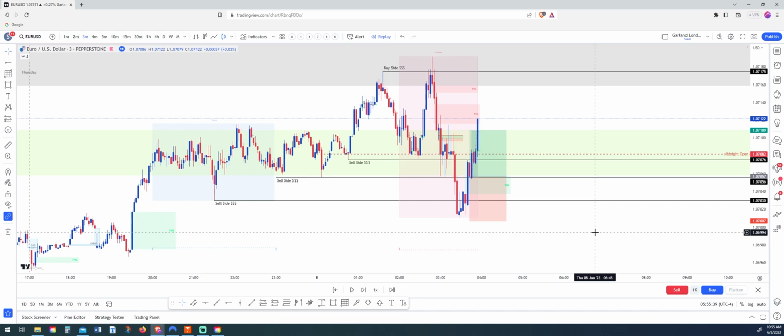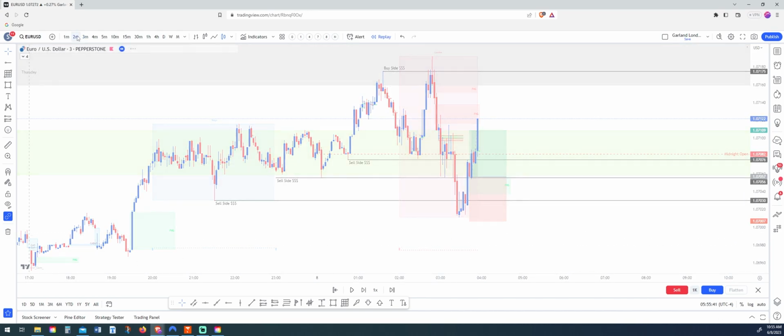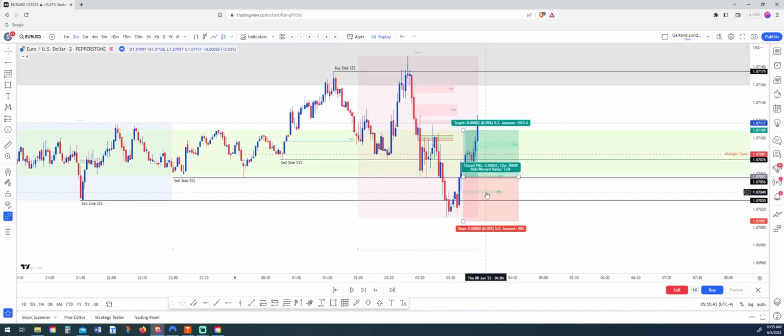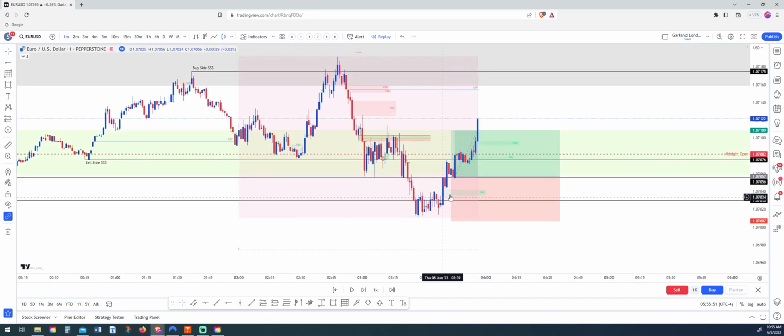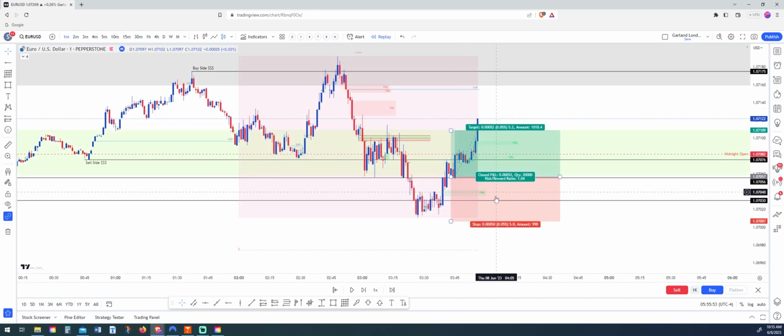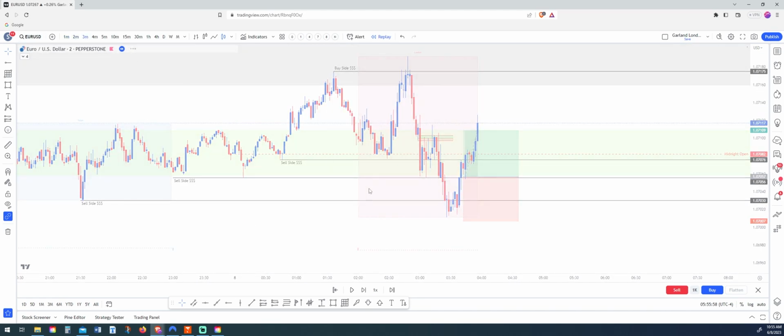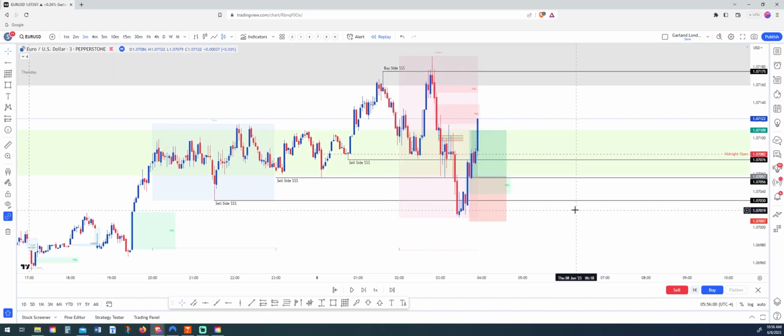So that's really nice. So essentially, as we can see, our lower 2 minute fair value gap didn't get triggered. The slightly higher 2 minute fair value gap did get triggered. The 1 minute fair value gap that we initially looked at hasn't been touched. So by scaling up 1, 2 and 3 as price is pushing away from us, we were given an opportunity to get in on the action on the 3 minute time frame.